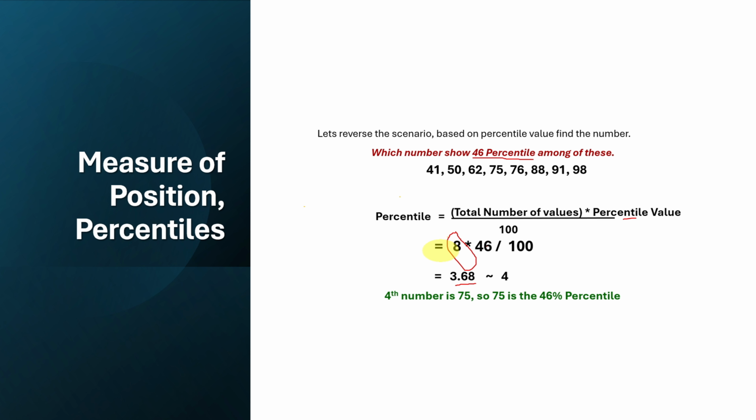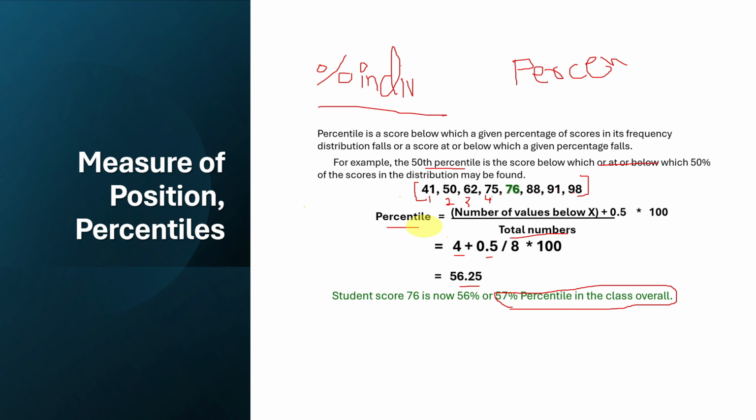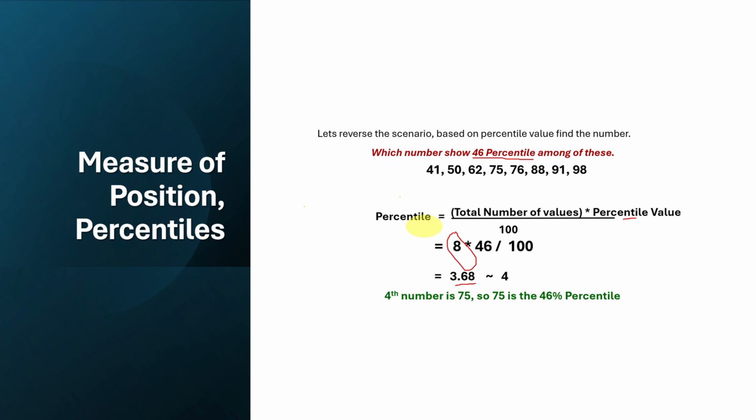But when we reverse this, you have total number of values multiplied by percentile value, divided by 100. So you have two formulas for this. If you know the percentile already among this data set, you will use this formula. If you don't know that, then you will use the other formula, the one which we just discussed.